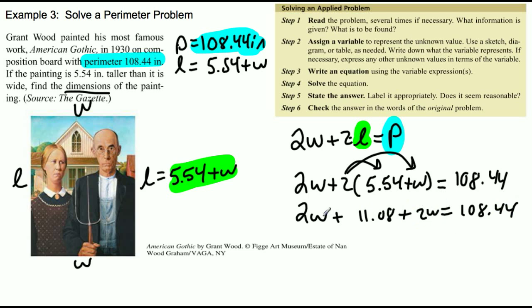All right, so let's go ahead and combine like terms here. So I'm going to have 4W, combining those guys, plus 11.08 equals 108.44.